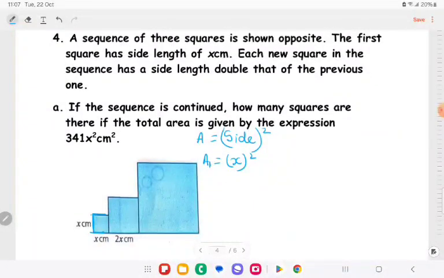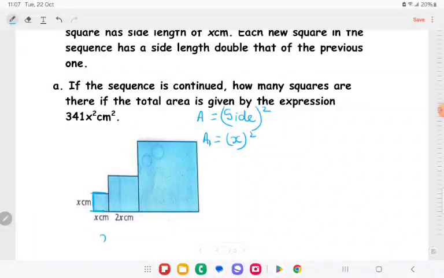Then the second square is going to be 2x the whole square, which is 4x square. I'm going to write it here again.